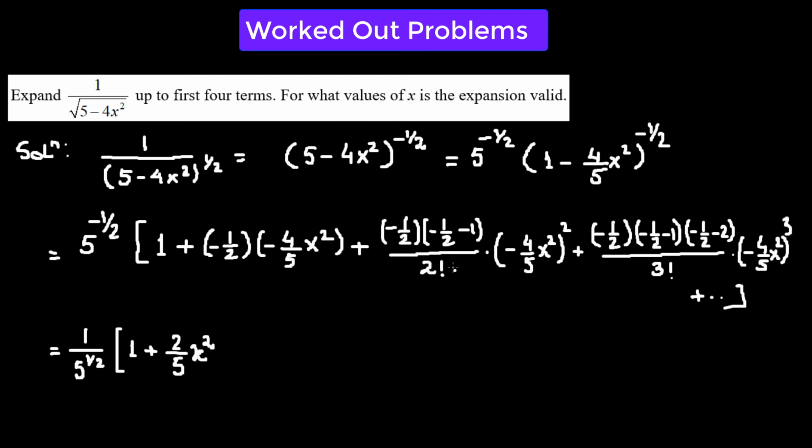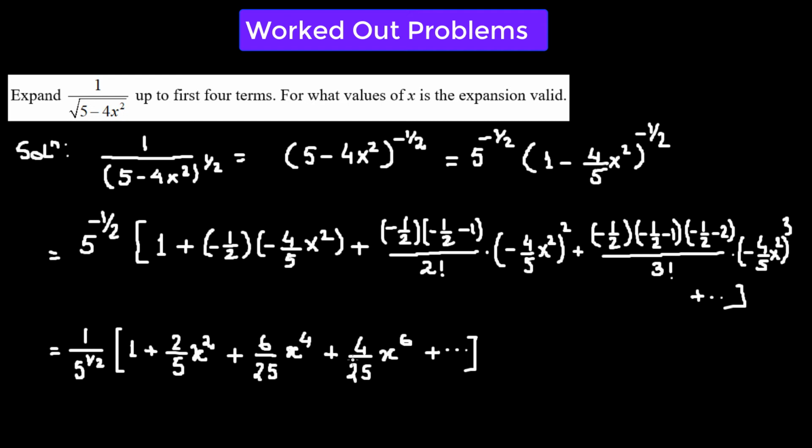Let's use a calculator to find this value, and that would be positive 6/25 times x squared whole squared, which will give us x raised to the power of 4, plus 4/25 times x raised to the power of 6, plus the remaining terms. So this is the expansion, and we have the 4 terms.